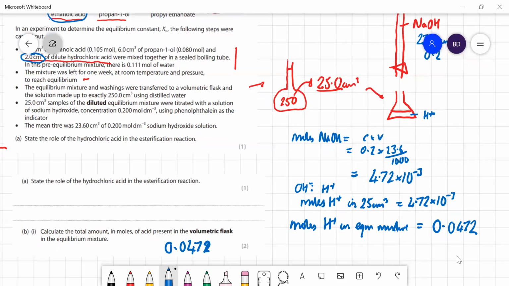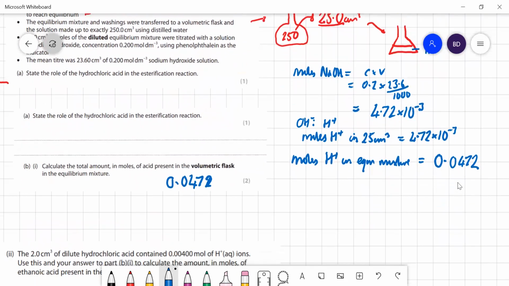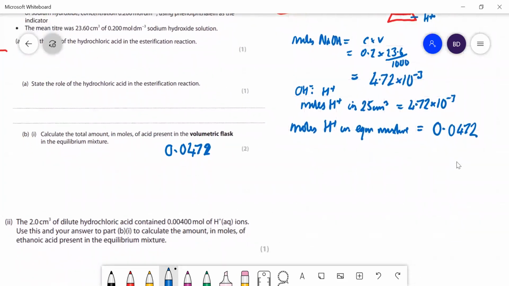Right, now next it tells us the dilute hydrochloric acid contained 0.004. So how many moles of ethanoic acid have we got then? So total moles of acid is that much. Moles of H plus from HCl, we are told, is 0.004.